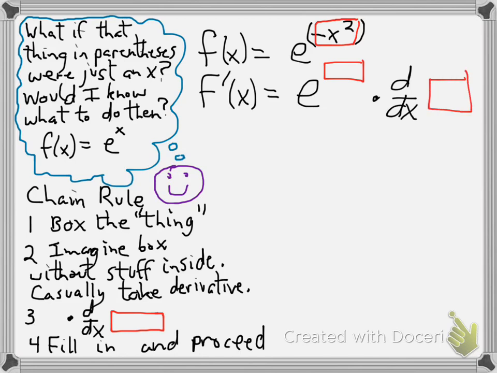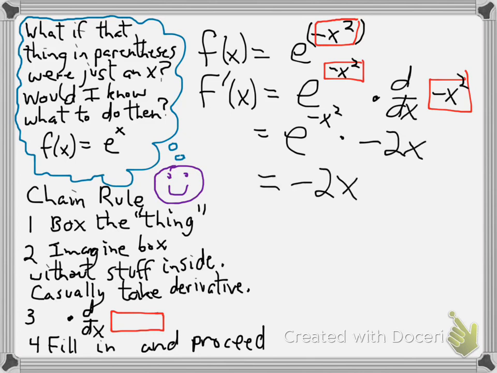And that's step 3. Step 4, we fill in negative x squared in the boxes and proceed. E to the negative x squared times d dx of negative x squared, the derivative is negative 2x. An answer key would probably move the negative 2x up front, and we would get this.